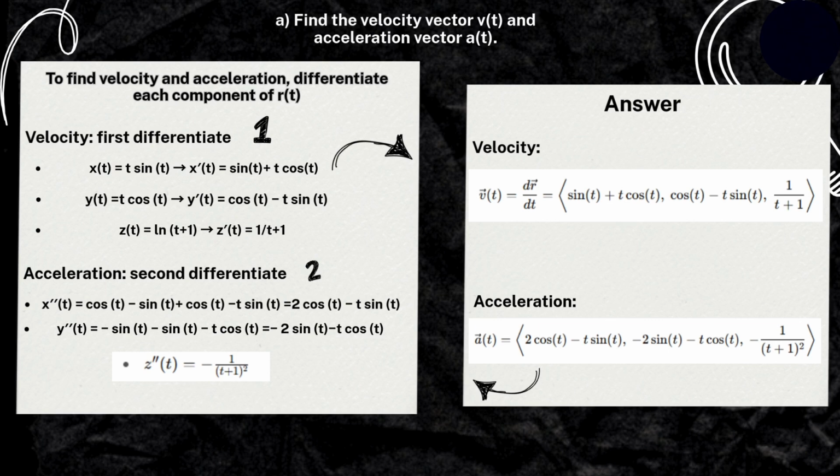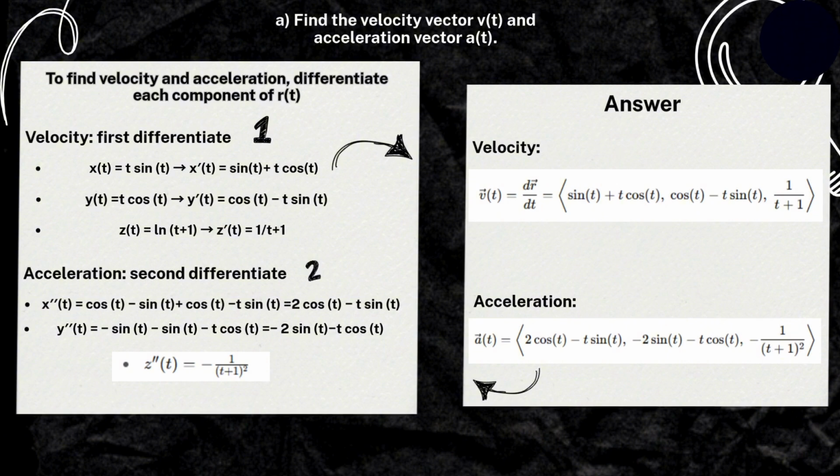For the second function, t cos t, we differentiate and get cos t minus t sin t. And for the third function, z(t), which is ln(t plus 1), we differentiate this and get 1 over t plus 1.